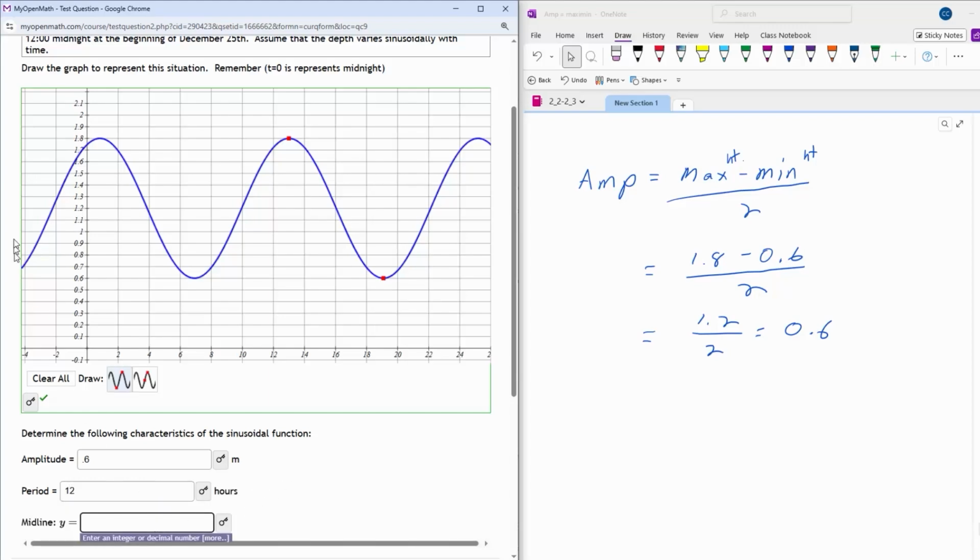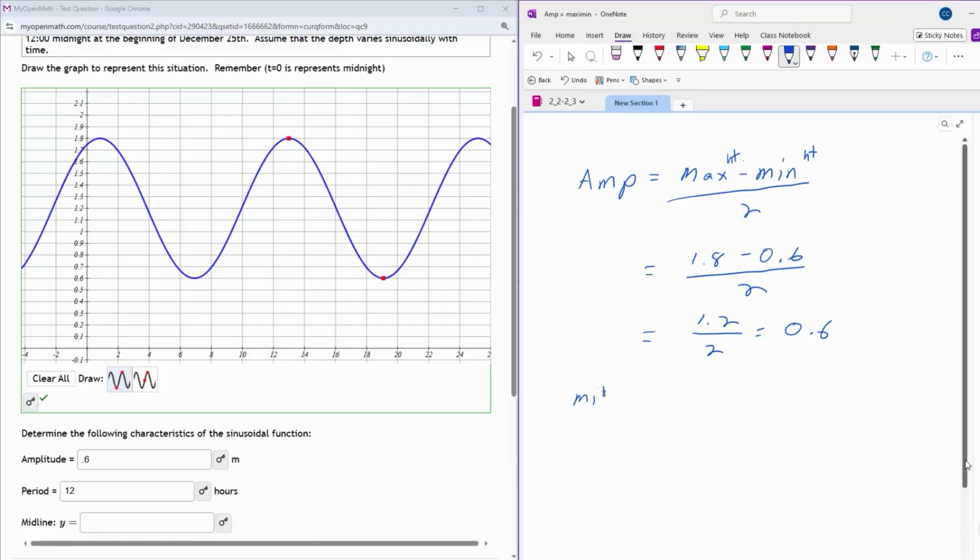And then the midline is the line that cuts the graph in half vertically. And normally, if you haven't shifted it upwards, then that's just the x-axis. But if it is shifted upward, then the midline would be equal to the average of the max height and the min height.